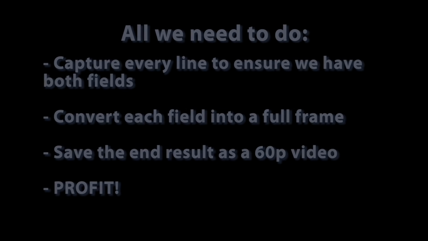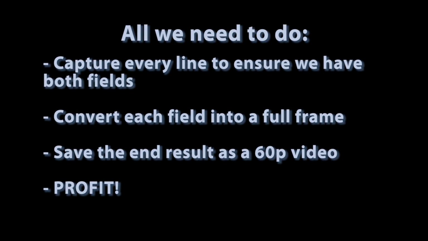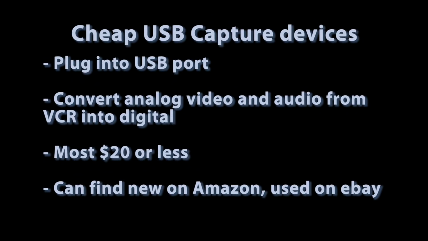So in order for us to convert videotape to digital video correctly, all we need to do is make sure that we capture both fields, that is all the lines, and that we also convert it properly, extracting both sets of lines and converting them into full frames so that we end up with a 60 frame per second digital video. So in order to get started, we're going to need a piece of hardware that can take analog video and convert it into digital video.